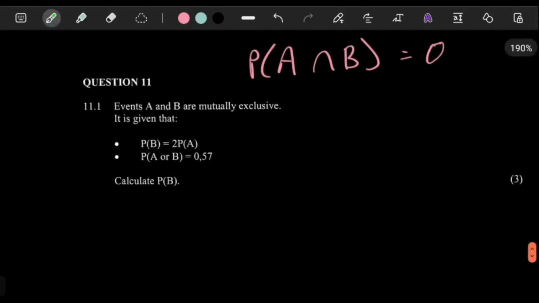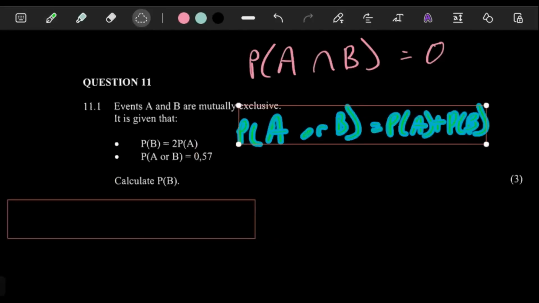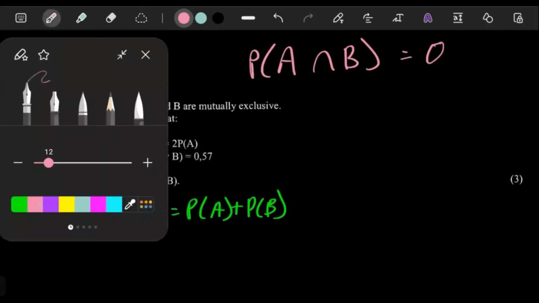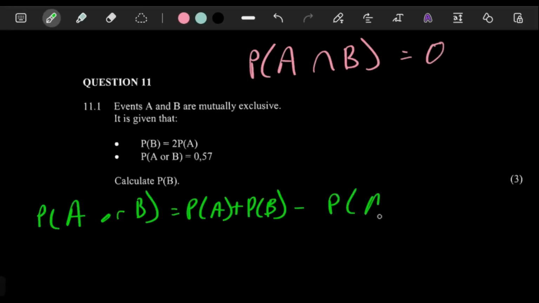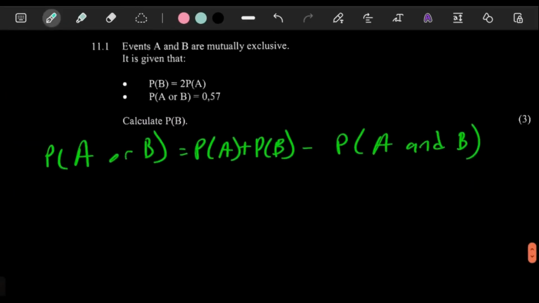The addition rule of probability says the probability of A or B is equal to the probability of A plus the probability of B minus the probability of A and B. It doesn't matter whether it's independent or dependent events.